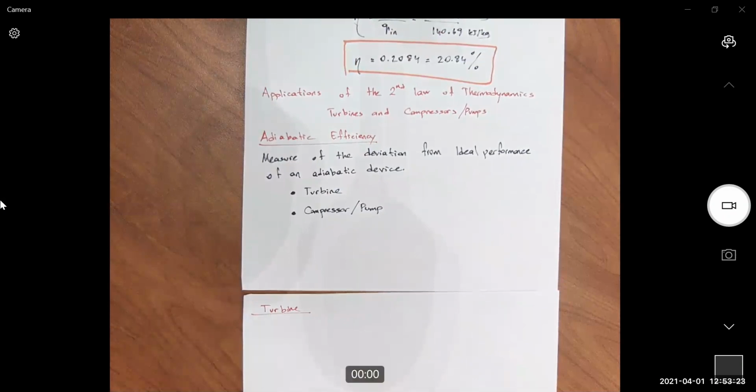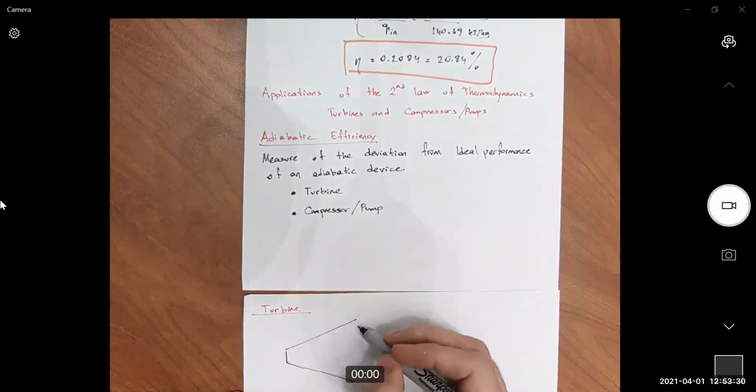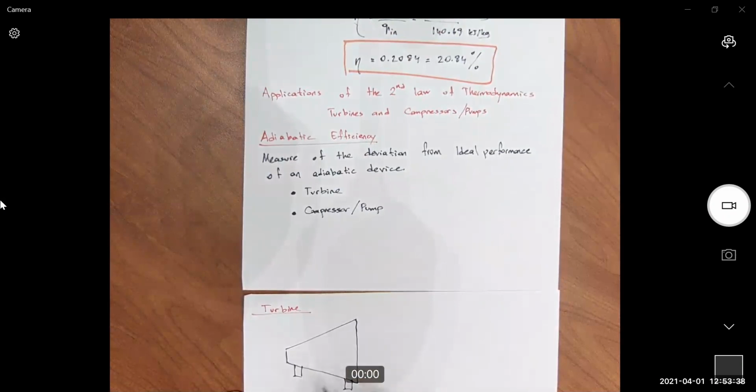Turbine: a work producing device, as we covered before, with one inlet and one outlet, though it could be multiple inlets and multiple outlets.